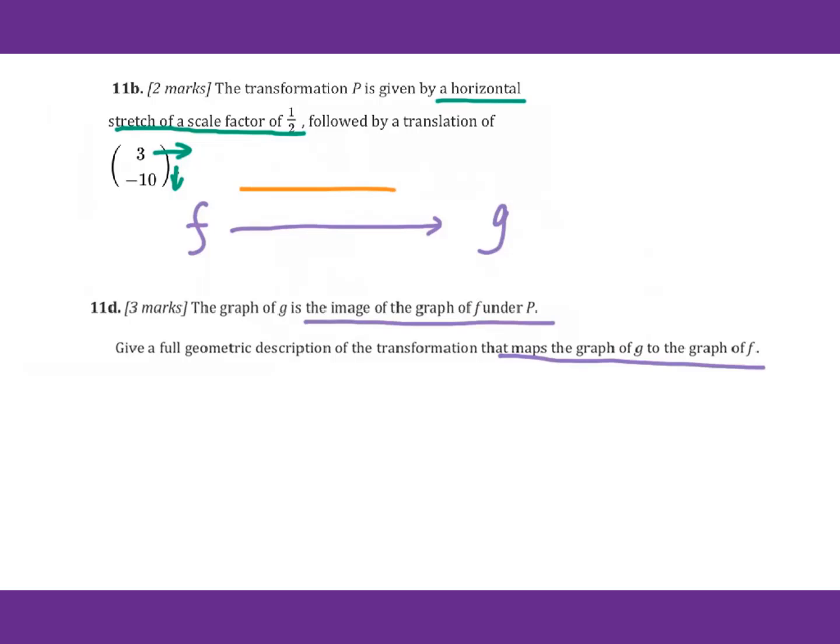Therefore, from g to f, you will do the backwards. Not only the order, but also the transformation. Therefore, the first step is move to the left 3 and go up 10. Second step is a horizontal stretch by a factor of 2.